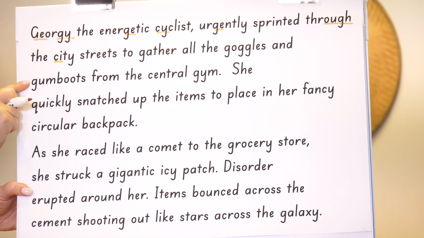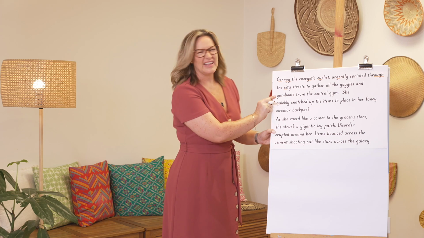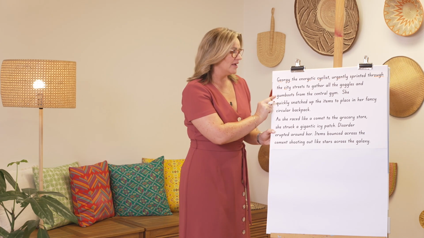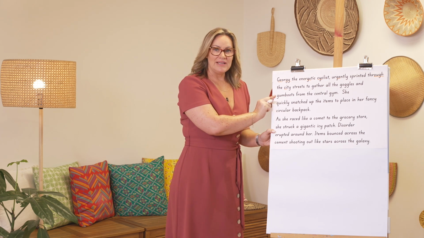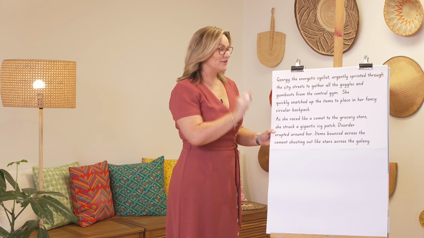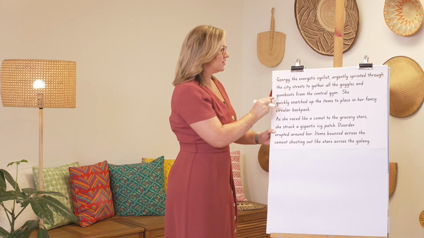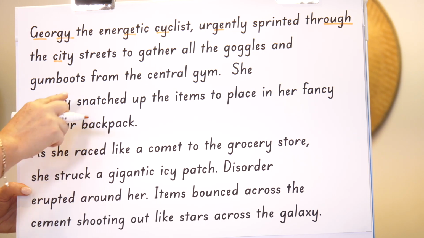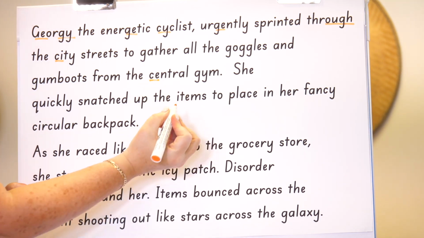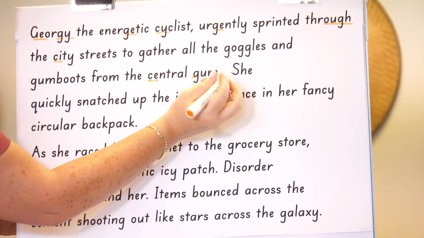Gumboots from the central gym, she. Now, it's not making a lot of sense because I'm stopping line by line. We're going to read it a couple of times. You always read things multiple times to really make sure we have a clear picture in our mind what's going on. Gumboots, G. Central, where is it? S. Gym, she.